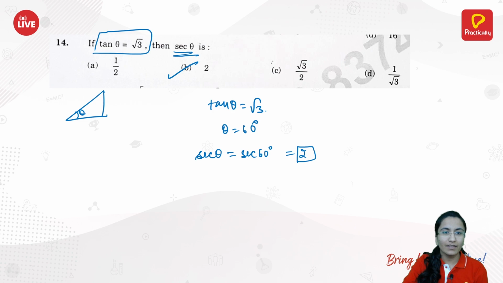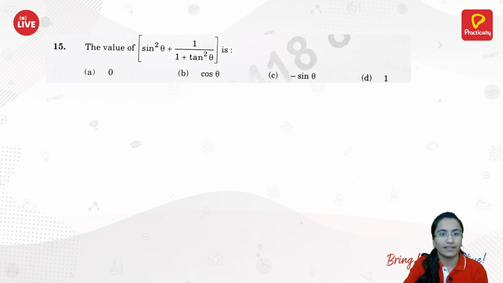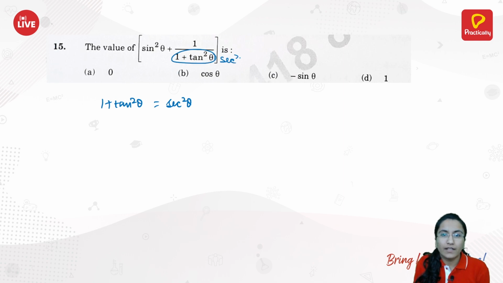Okay. Next question here you have is the value of sine square theta plus 1 by 1 plus tan square theta. Here you need to recall some of your identities. You have 1 plus tan square theta as secant square theta, right? So that means this is secant square theta.